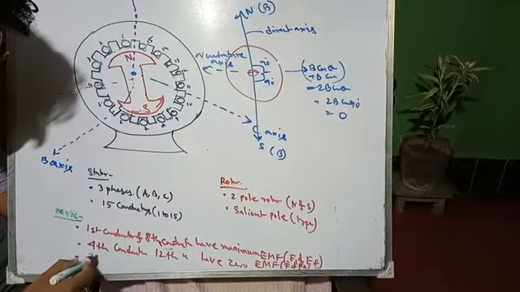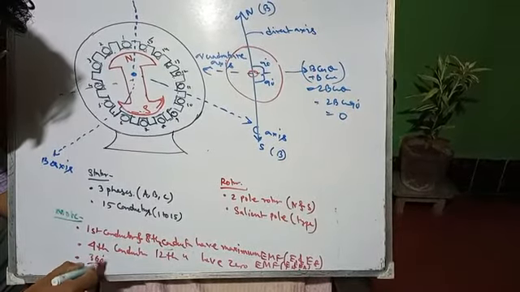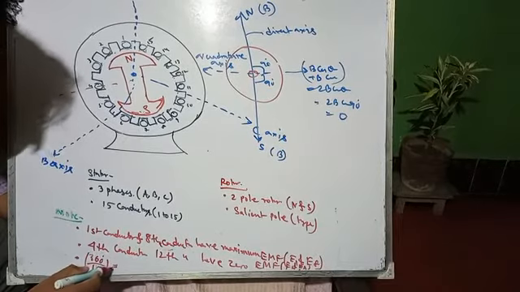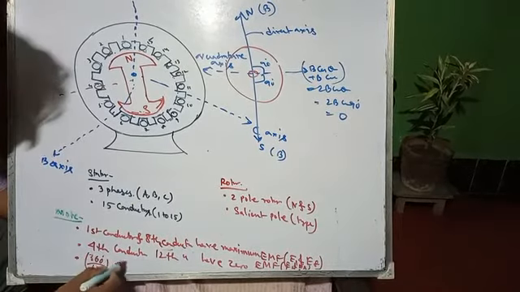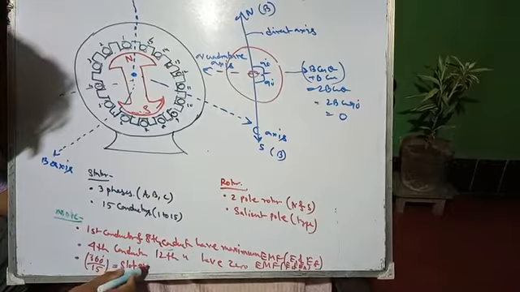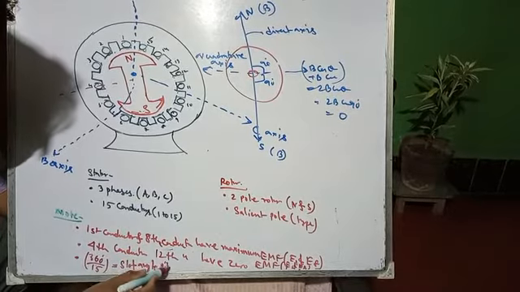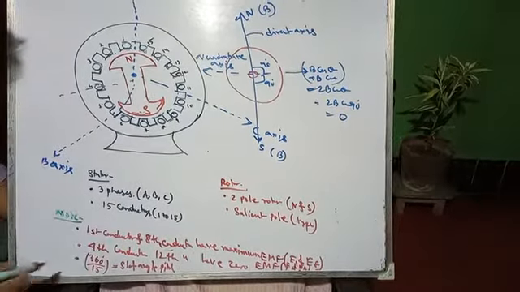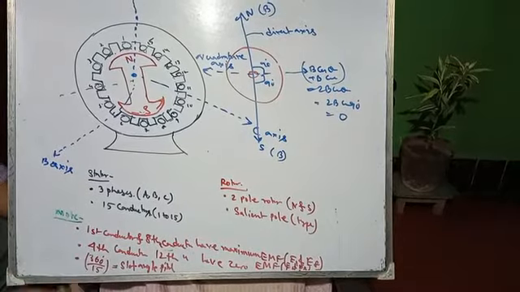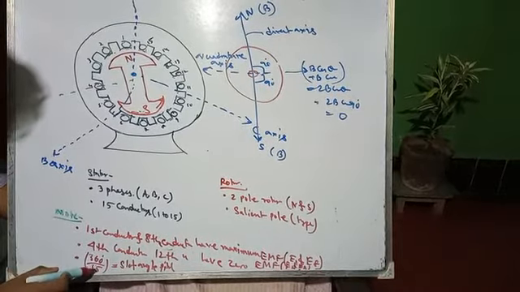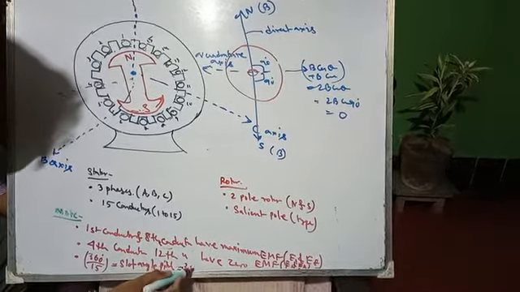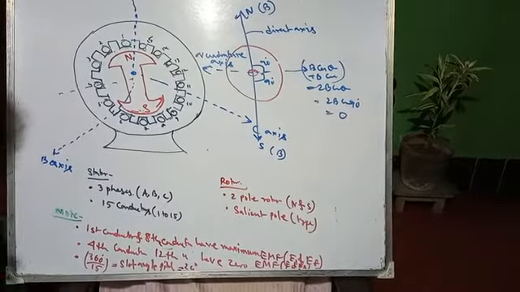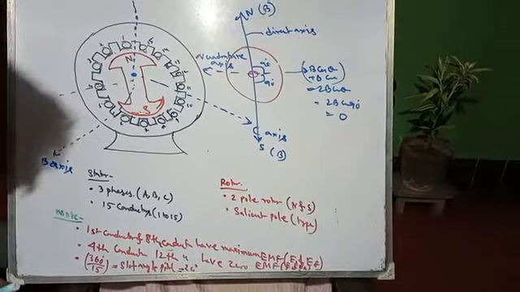So 360 degree by 15 is called the slot angle pitch. What is the slot angle pitch of this circuit? 360 by 15 is 24, so 24 degree will be your slot angle pitch.